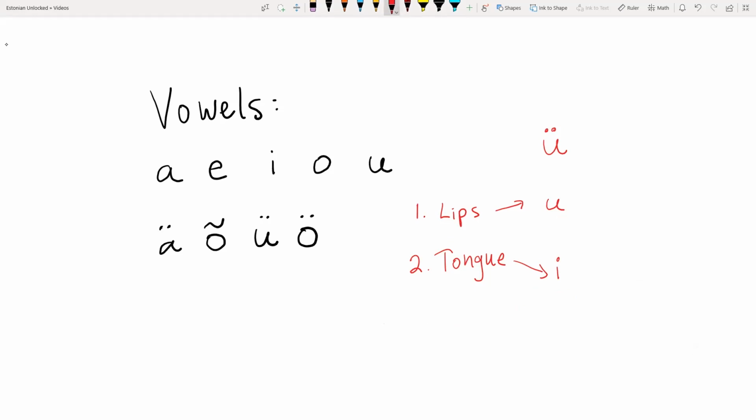So when we say E, think about where your tongue is. E, E, E. Now, when we say oo, think about where your lips go. Ooh, ooh. U is just a mix between the two of those.